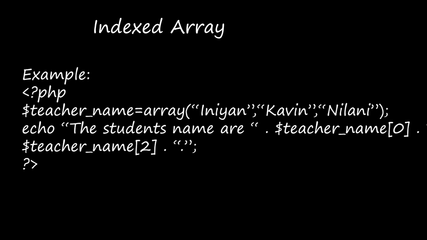So here the array has a numeric index for the available values in the array variable, which contains key value pairs, as used by the developer. Here we are using the array variable and also the key, and we give the keyword array and then the values. This is an indexed array.